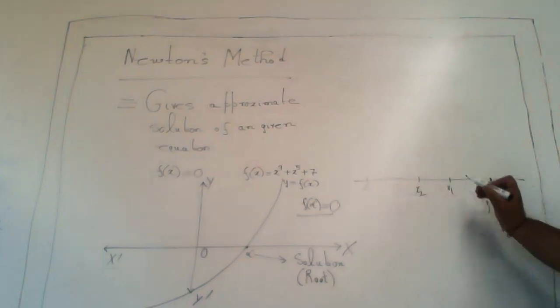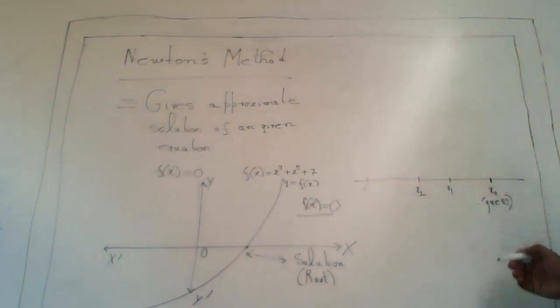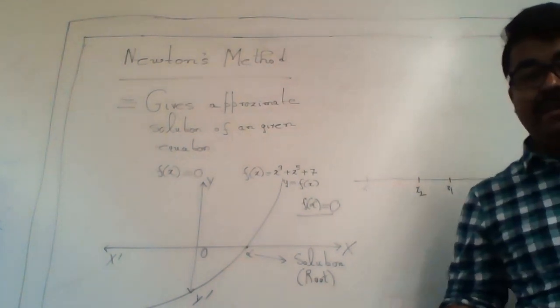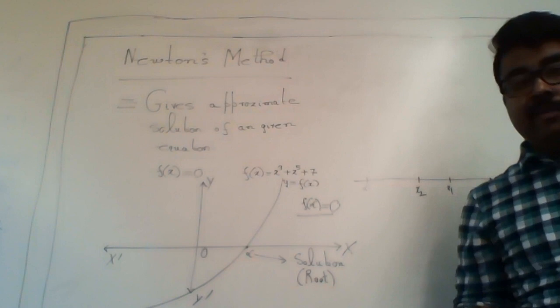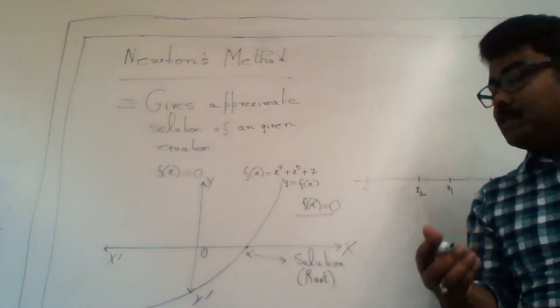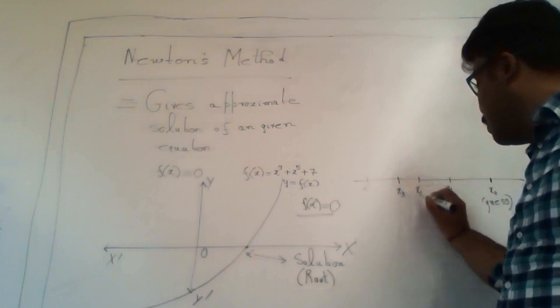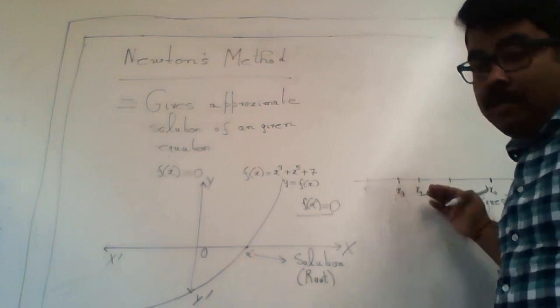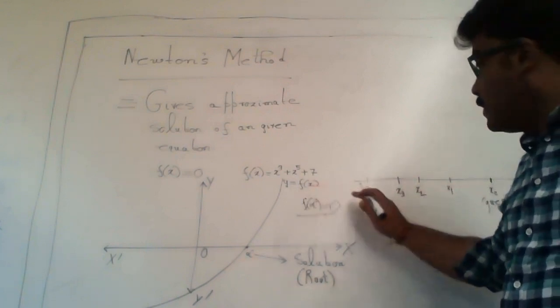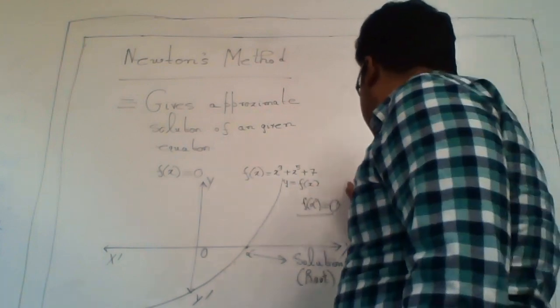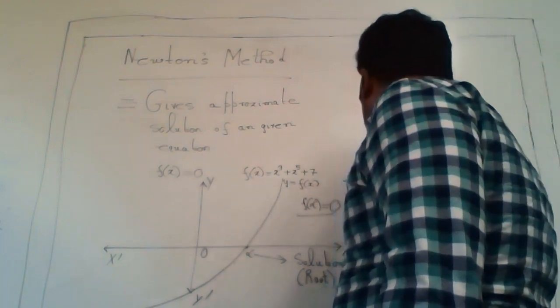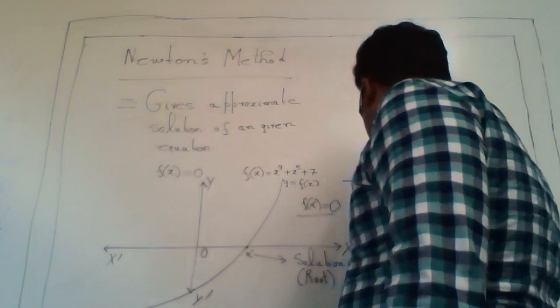In this way, Newton's method will give you a sequence of numbers x1, x2, x3, and so on and so forth. All of these numbers, like a train, will go towards the actual root. So this is, suppose, the actual root alpha, which we don't know.